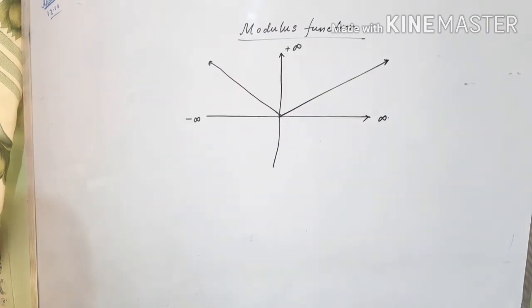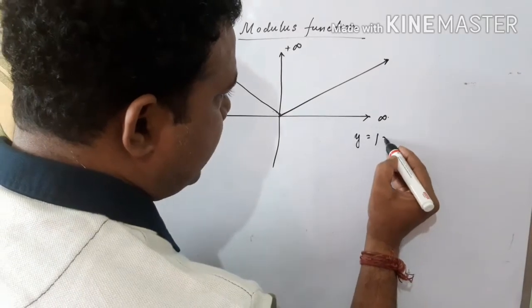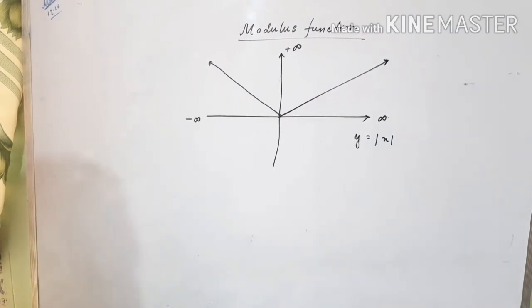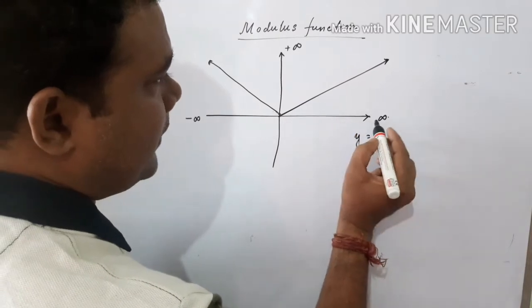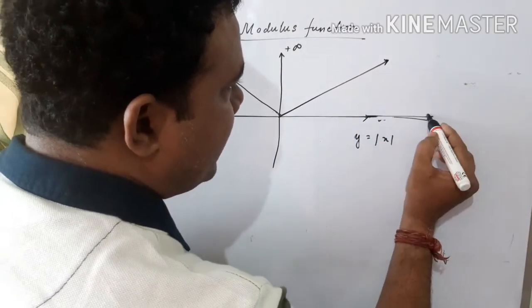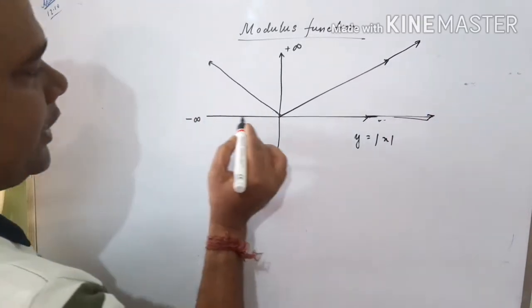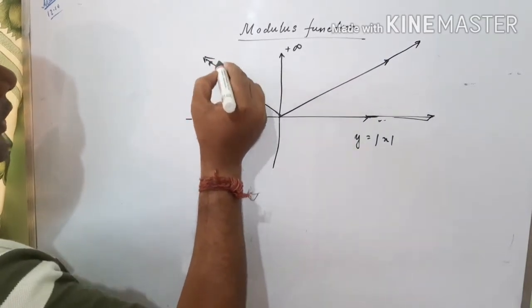Now from the graph we can say that this one is the graph of y equal to mod x, and we know that domain of a function is all possible values of x. Now see what are all the possible values of x. When x goes up to infinity, the curve is going like this, and when x goes to minus infinity, the curve is going like this.